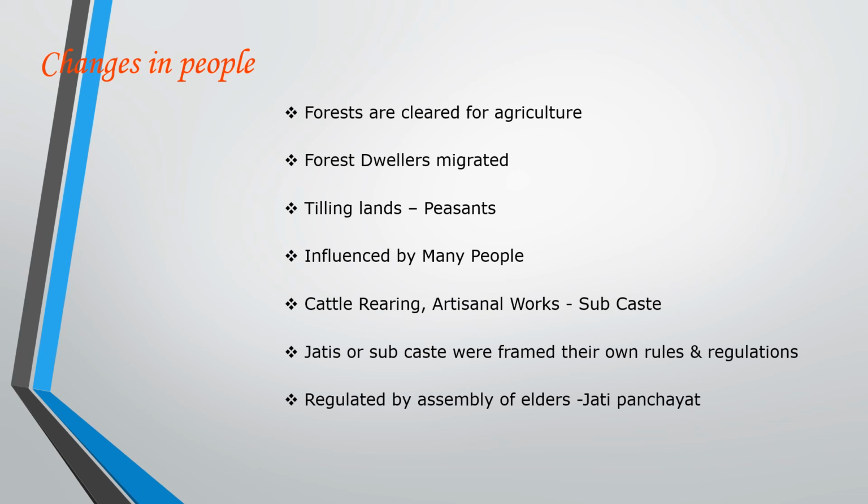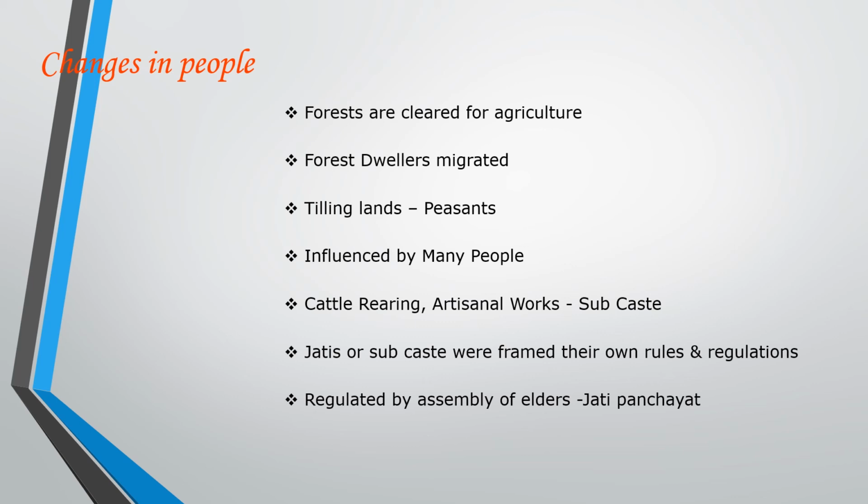Once all the people, the primitive men, were living in the forest. But slowly the forest was cut to do agriculture once he learned how to rear or grow a plant. A few of them migrated when the forest area was cut, and the others tilled the land and became peasants.